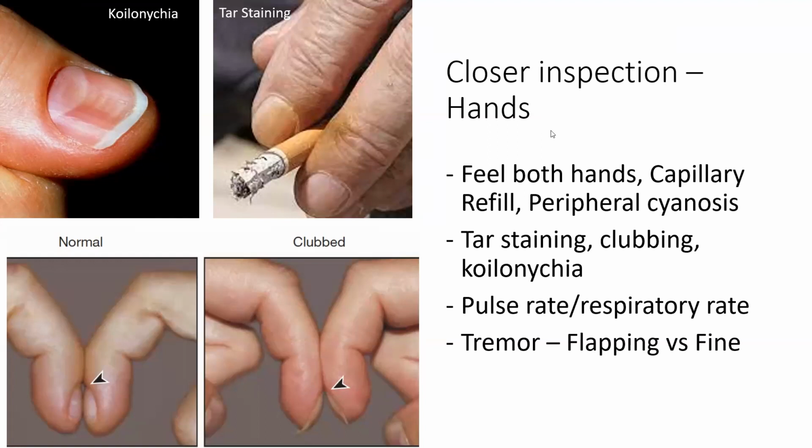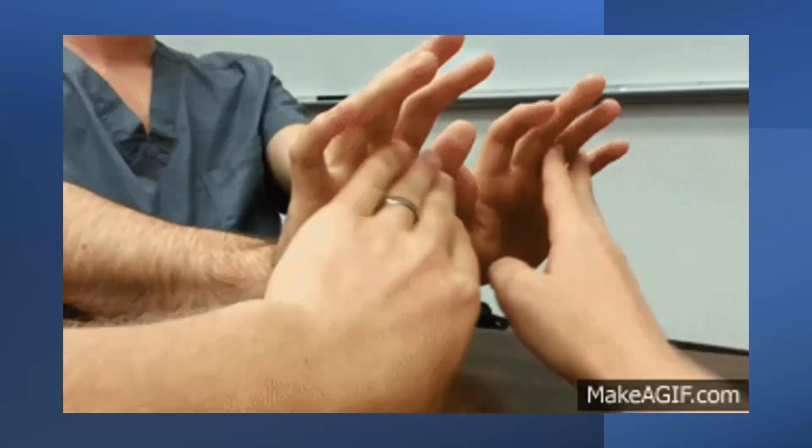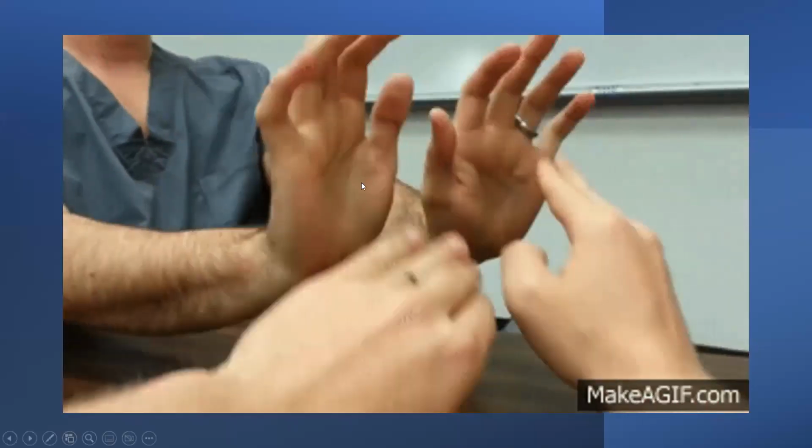You can also look for clubbing, which is shown at the bottom. Normally you see a gap in between the fingers, but those with clubbing don't have this gap. While looking at the arms, you can ask the patient to outstretch their arms and pretend they're pushing onto a wall, to assess for tremor. If you look here, this is a sign called flapping tremor.